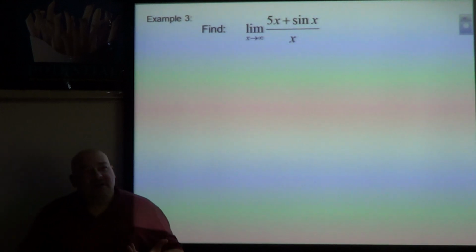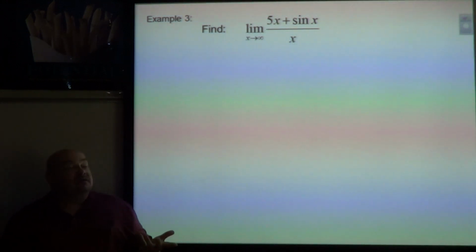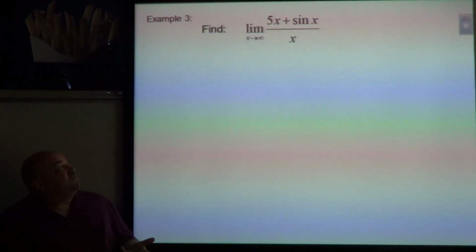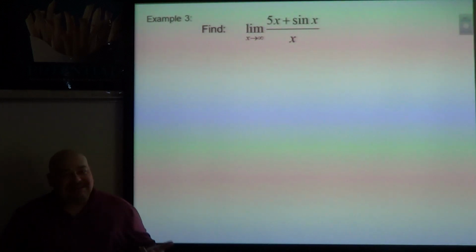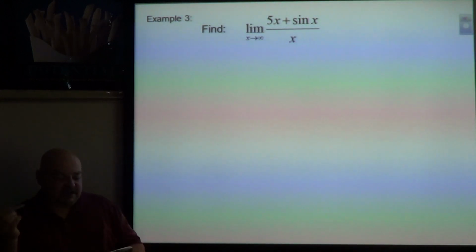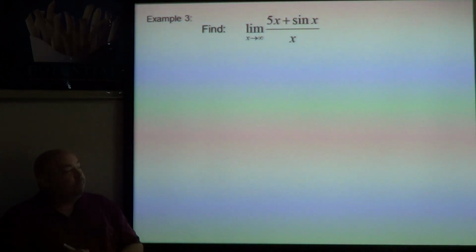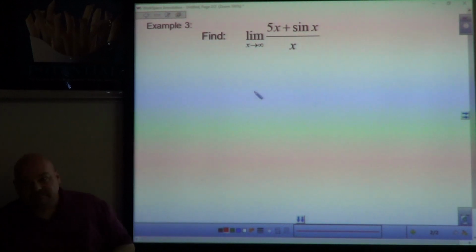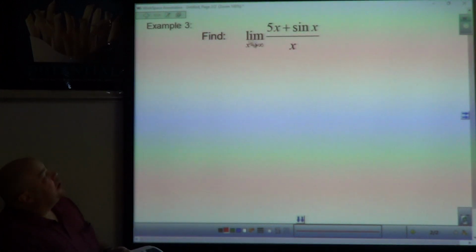Alright, so what can we do with a problem like this? We've got the limit as x approaches infinity of 5x plus sine x, all over x. Well, if you've looked at your properties, on page 61 I think is the correct page in your book, what do we know?